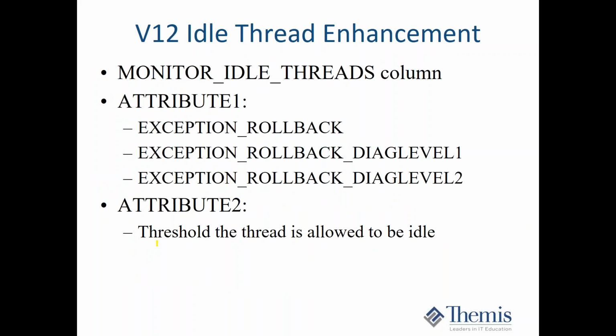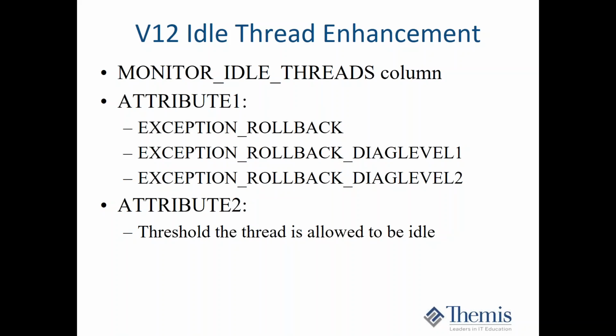Now, in version 12, there was an enhancement added for that idle thread. If you set your idle thread for a specific set of distributed applications coming in where you have to adjust, you don't want the ZPARM because it isn't appropriate, you need to lower or raise it for that specific application group.